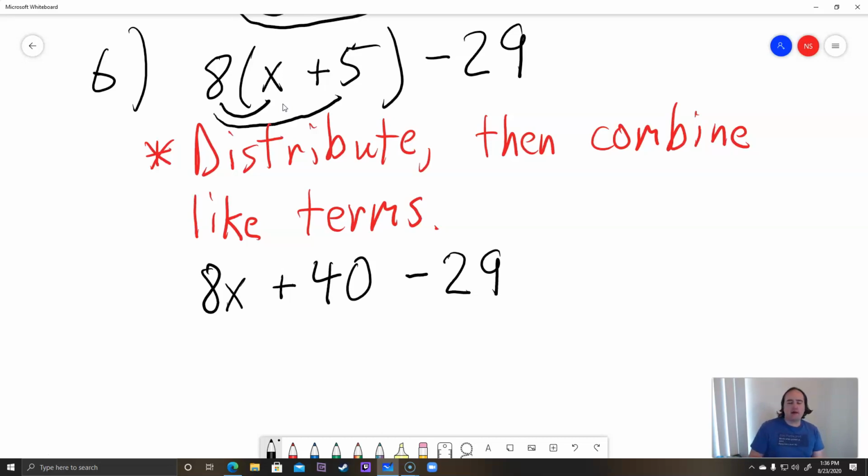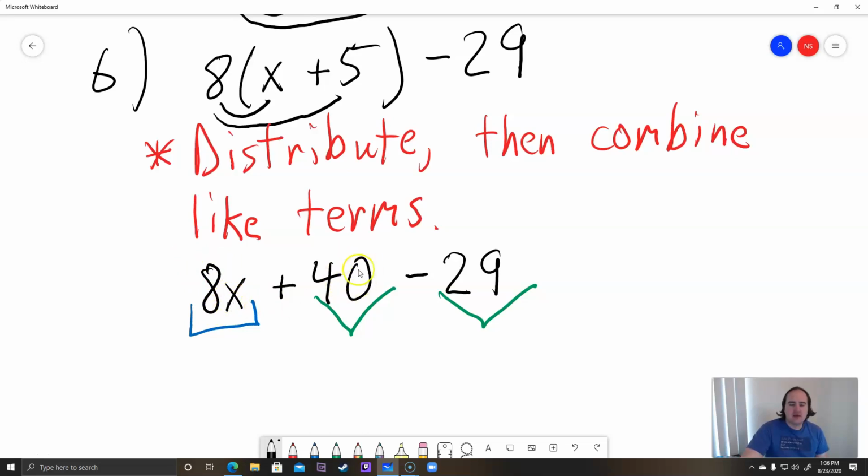Okay, so that was us taking care of the distribute part. So the next part is going to be combining like terms. Well, what are the like terms here? We have the 8x, that's the term involving x, and then we have the terms that don't involve x. So we have 40 and negative 29. So we can't combine the 8x with anything because there's no other terms involving just x.